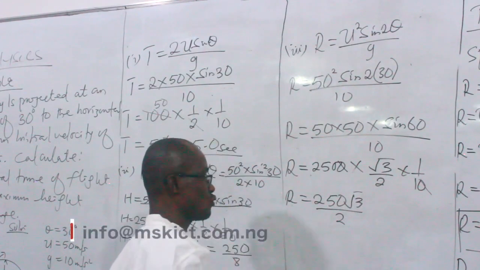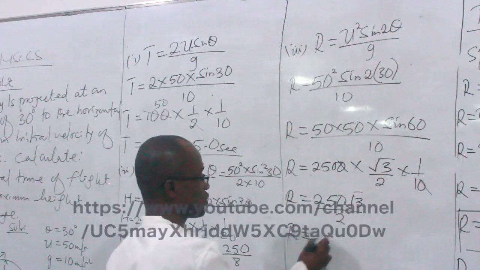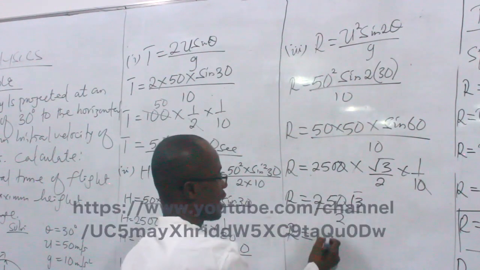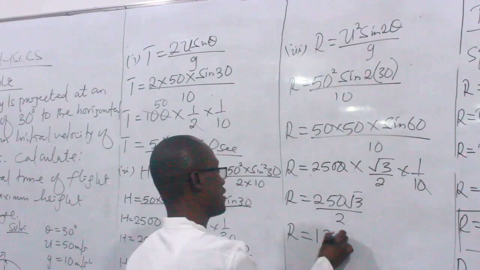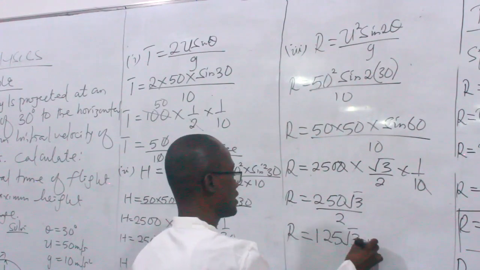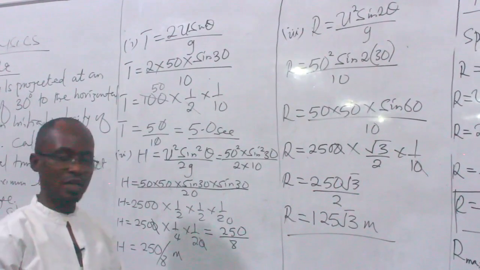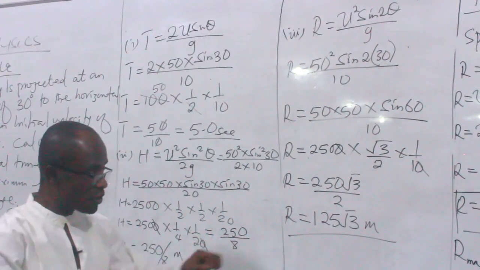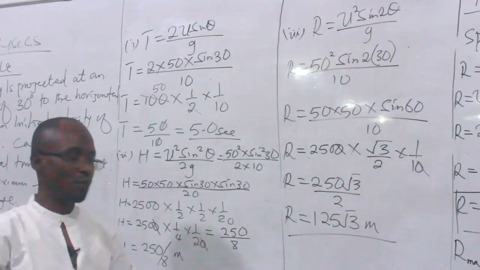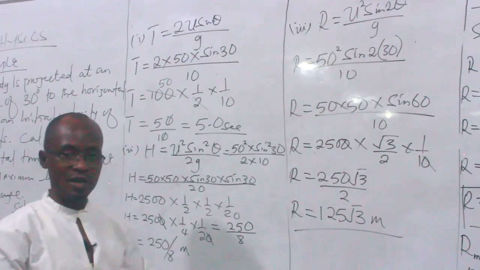But 2 can divide into 250. So we have then the range equal to 2 into 2, 1, 2 into 5, 2, 2 into 10, 5, root 3 meters. So this is the range. The range is 125 root 3 meters, which is the horizontal distance traveled from the point of projection to where the projectile hits the ground again.